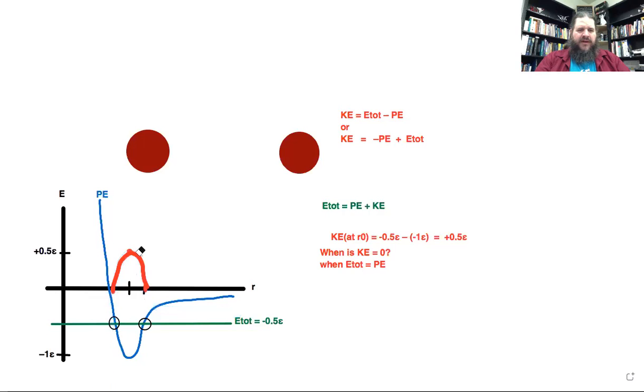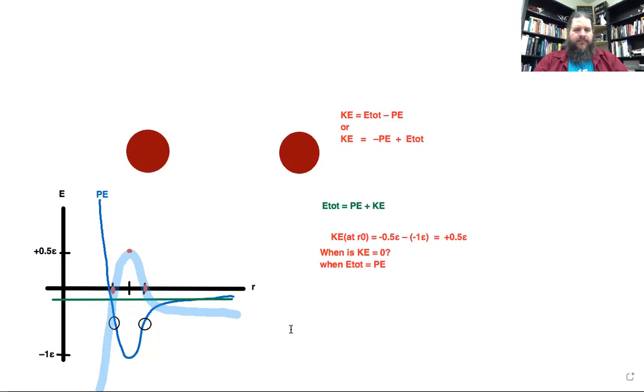If we increase E total here, let's say we raise E total up to almost 0, by raising E total, let's say to negative 0.1 epsilon. Now what's the highest kinetic energy going to be? What would be the maximum kinetic energy here?